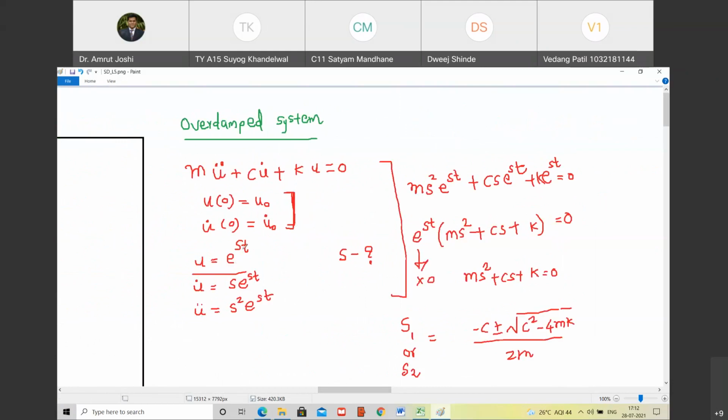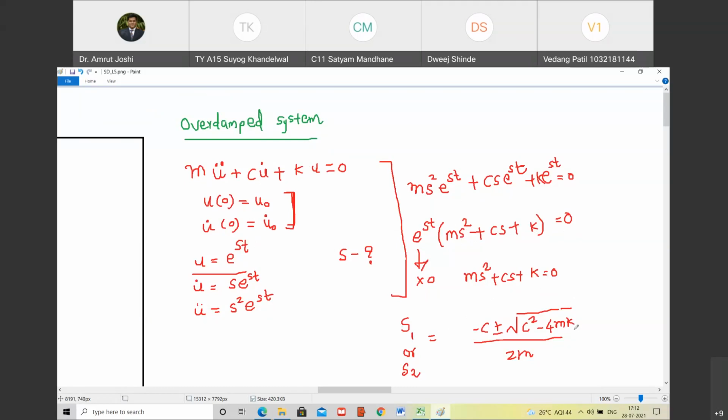I substitute u equal to e raised to st as a solution. u dot becomes s e raised to st. u double dot becomes s squared e raised to st. ये सारी चीजें वैसे की वैसे रहेगी. Then for u double dot I substituted this value, for u dot this value, and for k u this value. So I can take e raised to st common and I get m s squared plus c s plus k equal to 0, and I get s1 and s2 as this. यहां तक सब सेम है. सिस्टम overdamped हो, underdamped हो या फिर critically damped हो, यहां तक की journey सेम है.